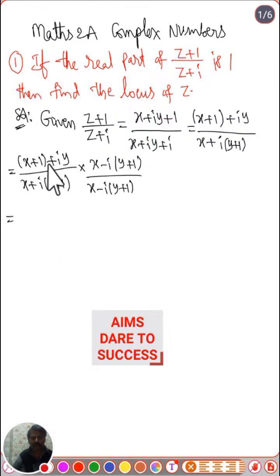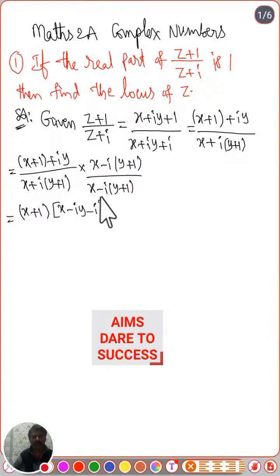So multiply individually: x plus 1 into the total numerator, x minus i(y plus 1), multiplying inside: minus iy minus i. Next plus iy into again the same x minus iy minus i.